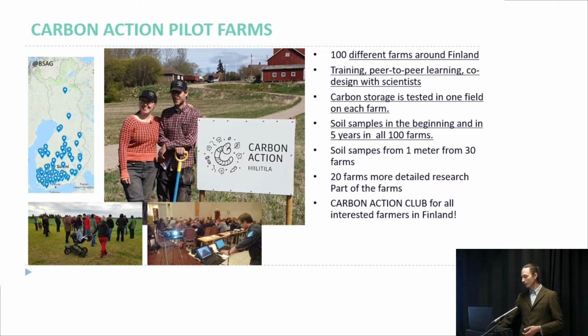In the trial setup, farmers have a 3-hectare field divided into a trial plot and a control plot. In the trial plot they are adopting one chosen carbon farming measure, and in the control plot continuing as usual.